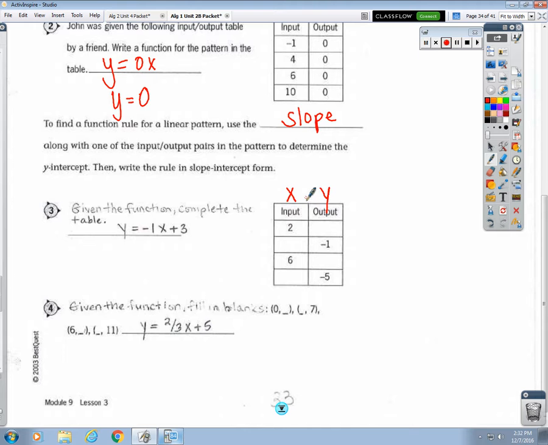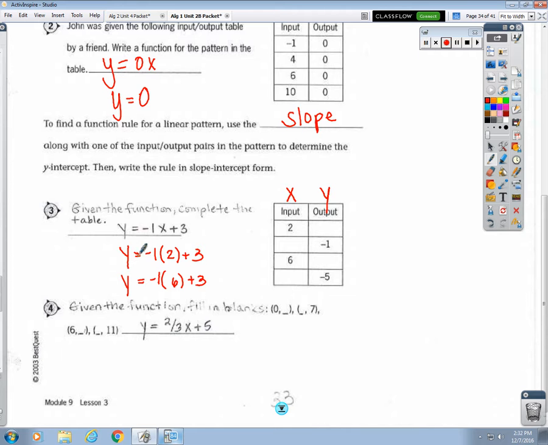So first, let's deal with these two input values they gave me, 2 and 6. Think about it. If 2 and 6 are input values, aren't both of them x values? So can't we just write this equation 2 times, but each time in the x place, can't we replace it with those numbers? Okay, my first x value they gave me was a 2. My second x value they gave me was a 6.